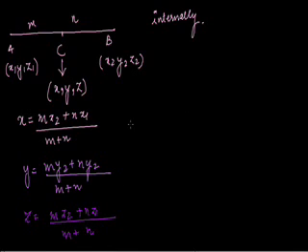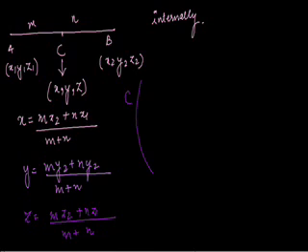So these are the coordinates for x, y, z. X is equal to mx2 plus nx1 upon m plus n, y is equal to my2 plus ny1 upon m plus n, and z is equal to mz2 plus nz1 upon m plus n. So this is the section formula.